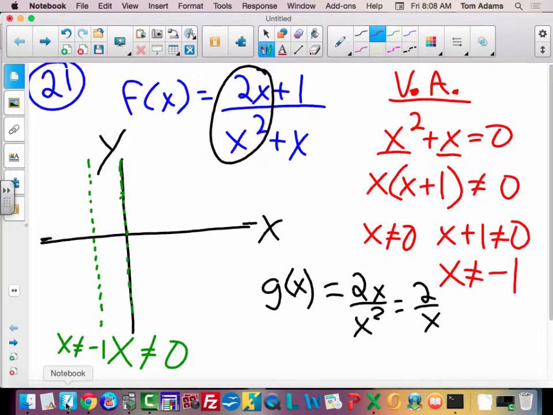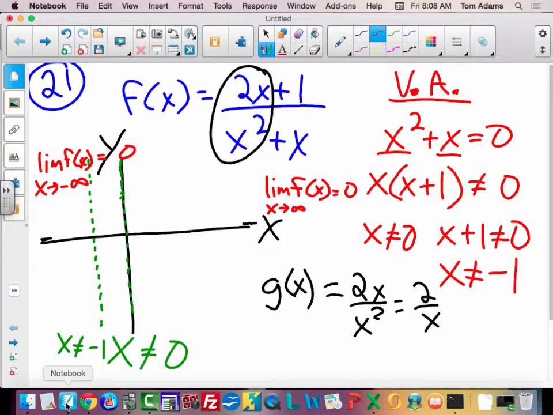In other words, the limit of f of x as x approaches infinity looks like it approaches 0. And then over here, if I say the limit of f of x as x approaches negative infinity, again, it looks like it's going to approach 0.